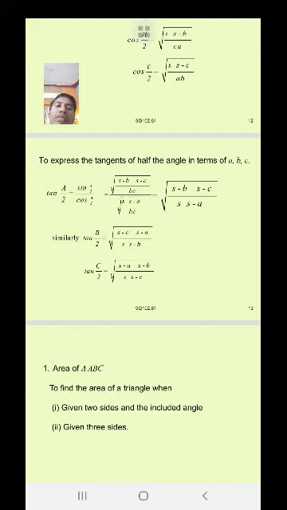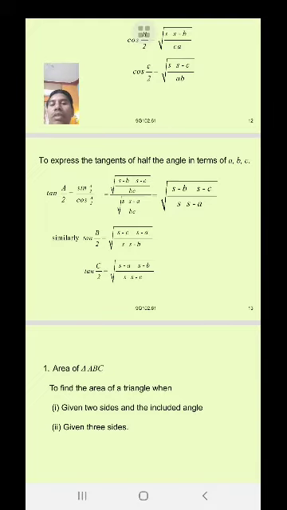So under root of bc is in the numerator and denominator, so bc gets cancelled, and that equals under root of (s minus b) into (s minus c) by s into (s minus a). So s minus b should be in a bracket and s minus c also in a bracket, and in the denominator s minus a is also in a bracket. Here the brackets are missed, so we have to keep them in brackets.